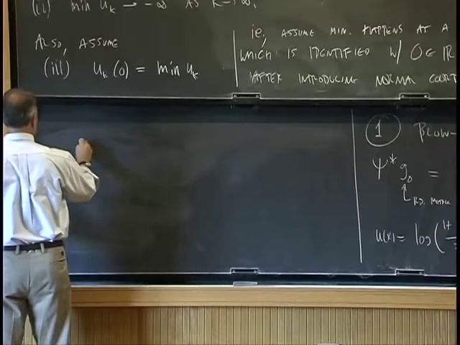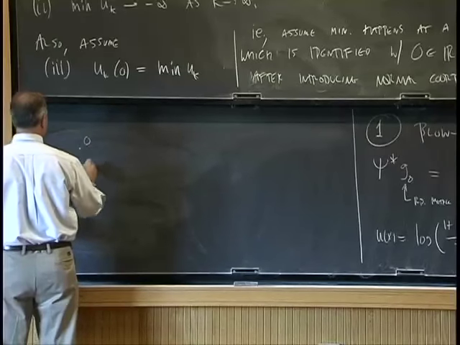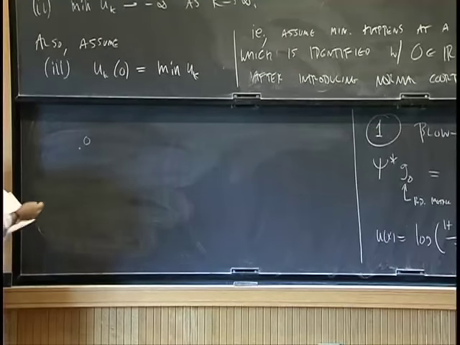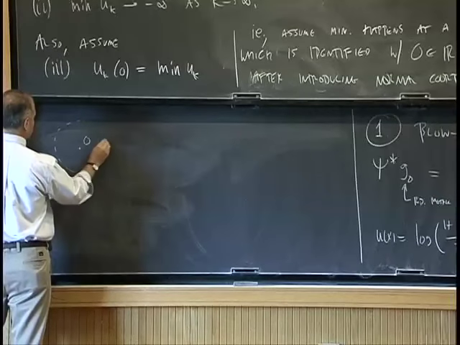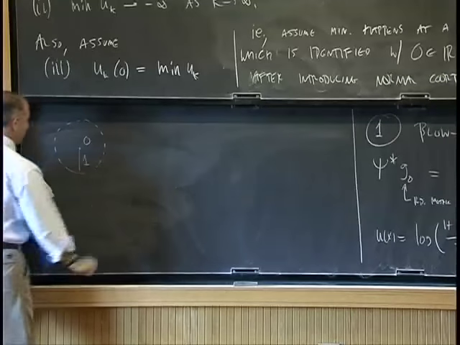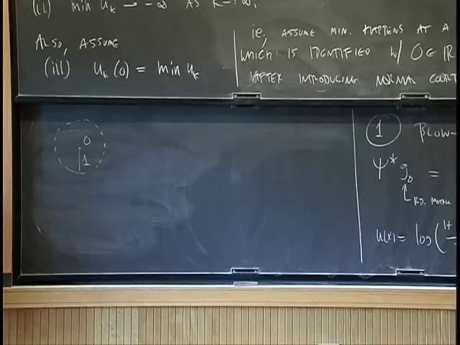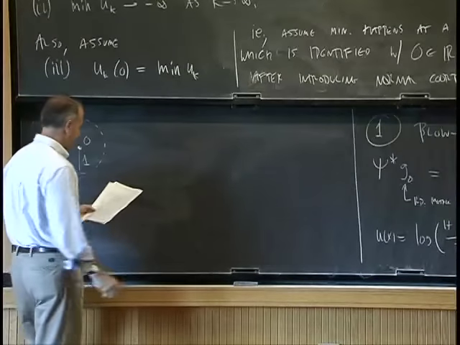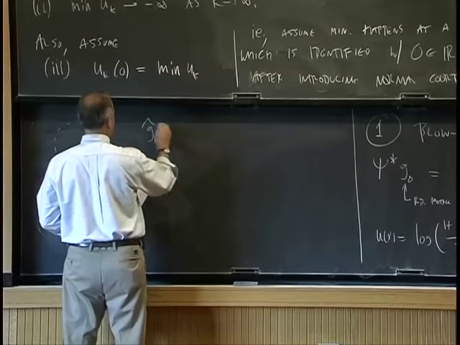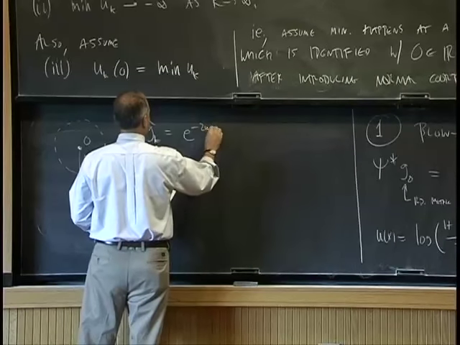Okay, so for all practical purposes, we're imagining our sequence of solutions live in, say, the unit ball of Rn. All we really care right now is what's happening near the point where u attains its minimum. So there's the unit ball. The minimum of UK is happening here. So we have the sequence of metrics.